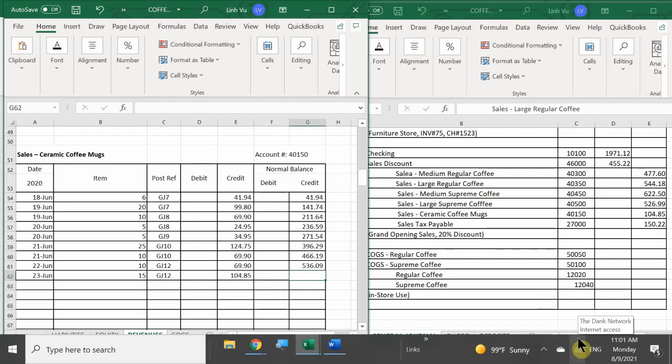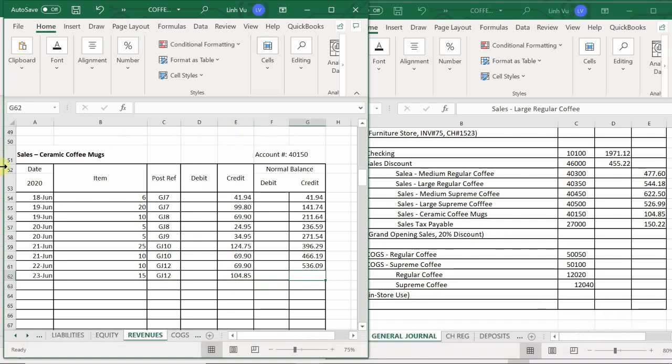Okay, which then brings my account balance to now $640.94.